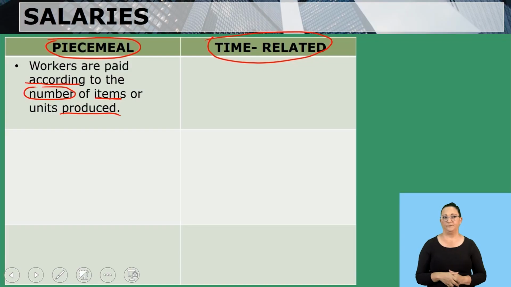It means that for every item that you make, you are going to be paid for it. If there are two of us manufacturing shoes, and you manufacture 5 pairs of shoes and I manufacture 10 pairs of shoes, it means that I will be paid more than you because I have produced more than what you have produced.